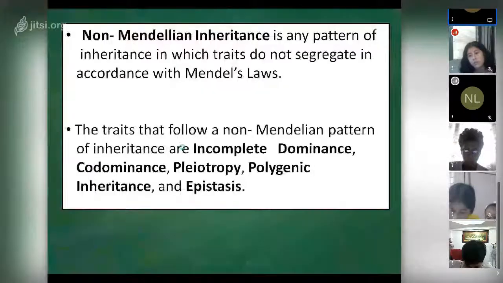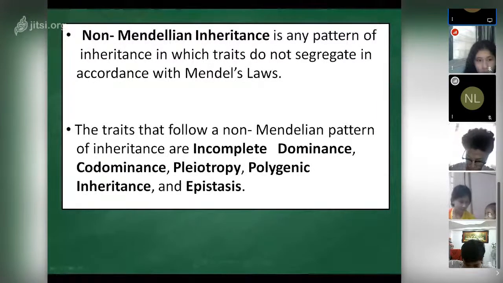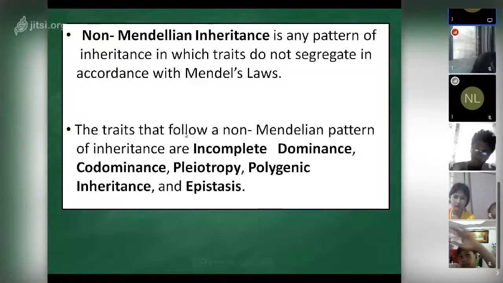Non-Mendelian inheritance is any pattern of inheritance in which traits do not segregate in accordance with Mendel's laws.